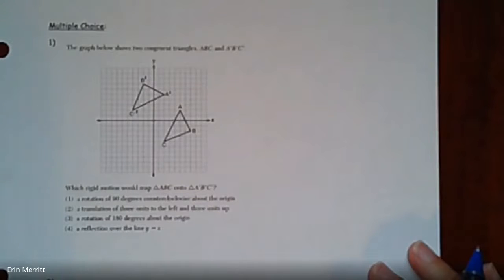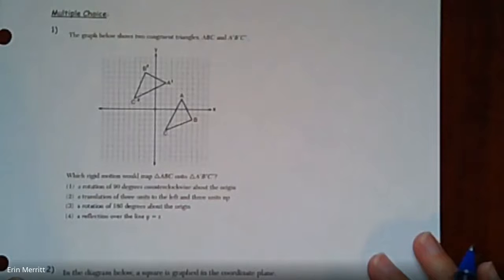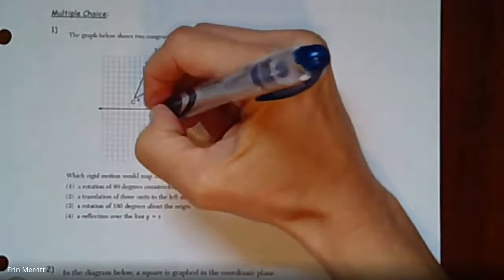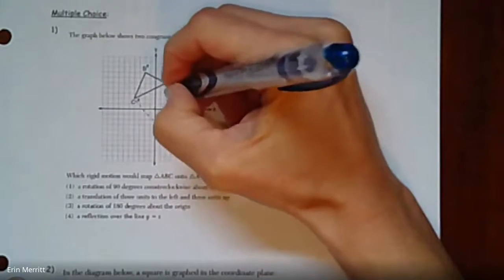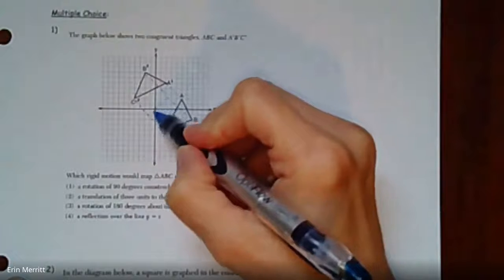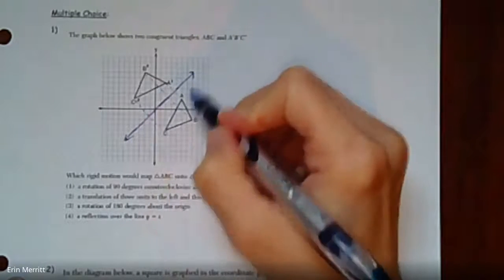Well, given what we're talking about today, that's your first hint. All right. But if you look at the orientation of what's going on and think, all right, for A to go to A prime and C to go to C prime and B to go to B prime, I could actually do a little construction here. And the construction I would end up with would be the perpendicular bisector of all of those, forming this line right here.